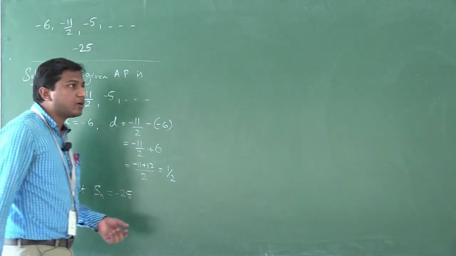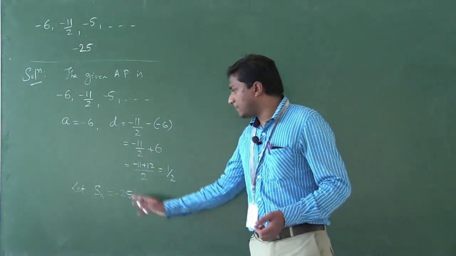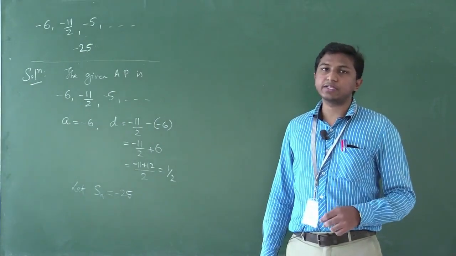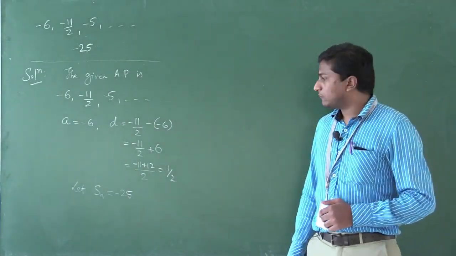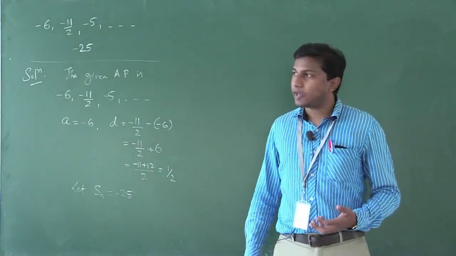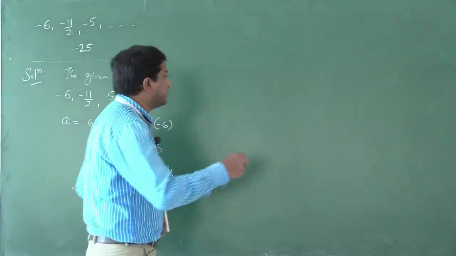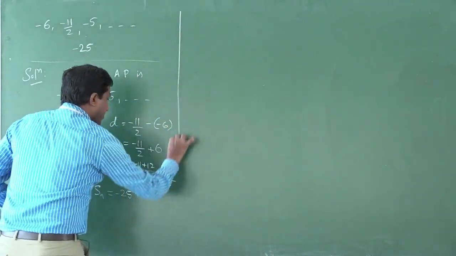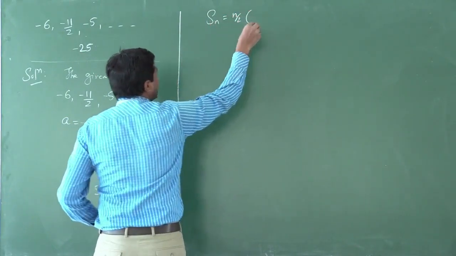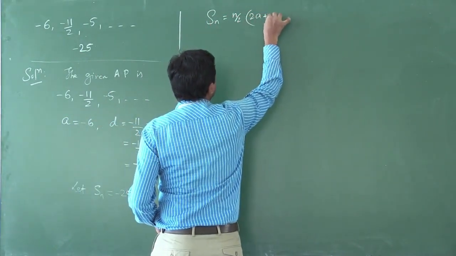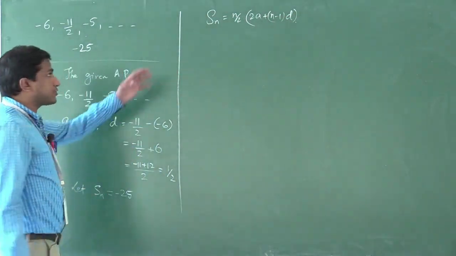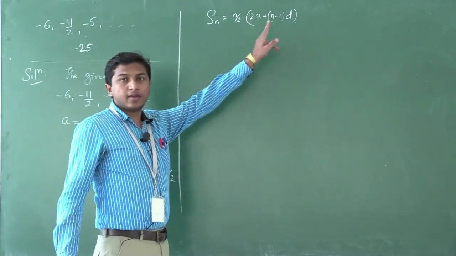So we'll use the formula of Sn for an AP. Sn formula is n by 2 into 2a plus n minus 1 into d. From that formula, we are going to try to find out the value of n. Okay, now look here. We substitute the values of Sn, a and d.